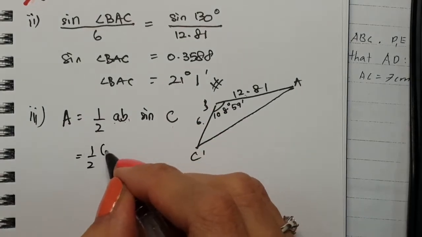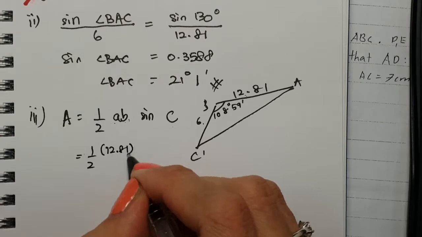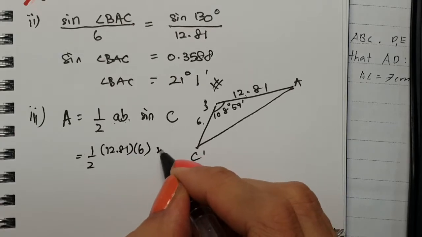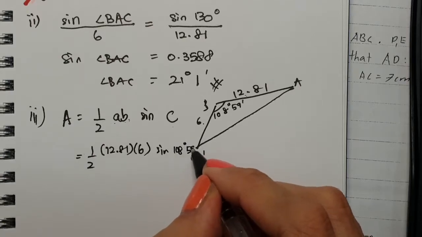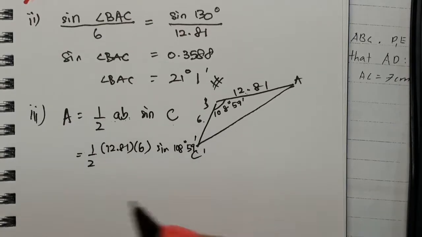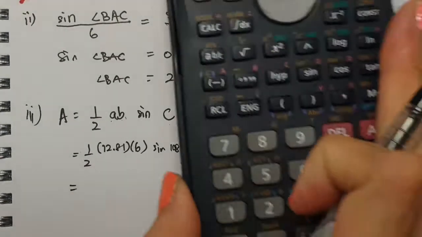Half, my AB is 12.81 times 6, and then sine of 108 degrees 59 minutes. Okay, use the calculator.